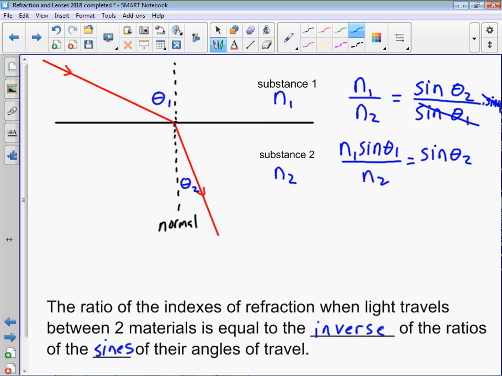And now we're going to multiply both sides by n2. And those n2s are going to cancel. And what we end up with is n1 sine theta 1 equals n2 sine theta 2.